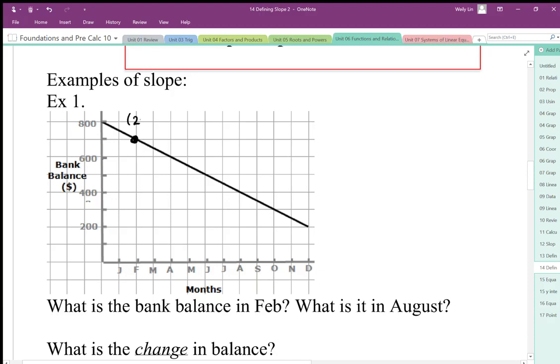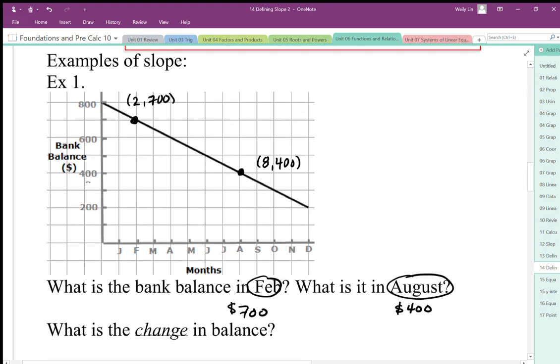So we're going to use 700 as the coordinate. In August, the value has dropped to $400. Okay, so we'll write that as a coordinate of 400. So the value in August then is $400.